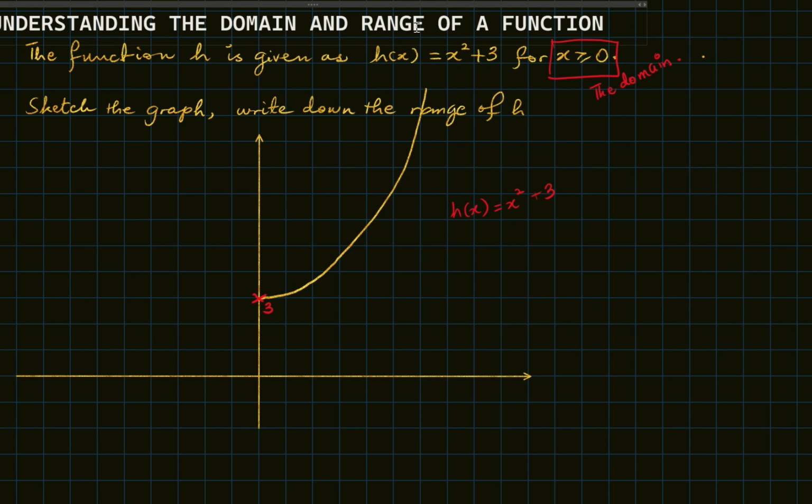The range begins from the lowest point, which is your h of x equals 3, and it continues till infinity because this line does not stop. It continues to go on and on. Hence, the range will be all h of x that is greater than or equal to 3.